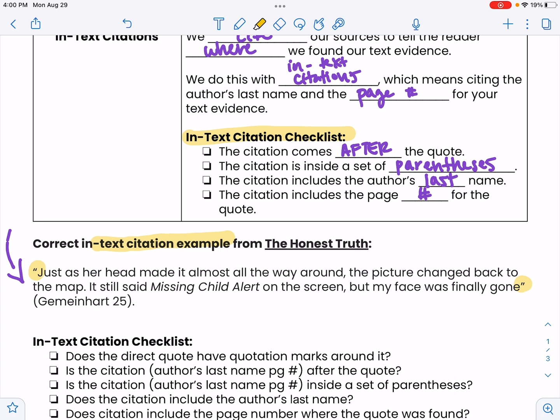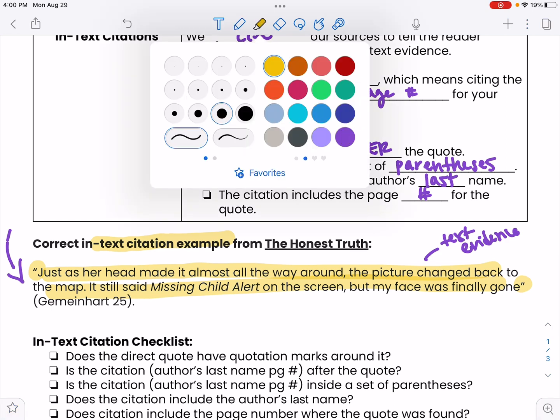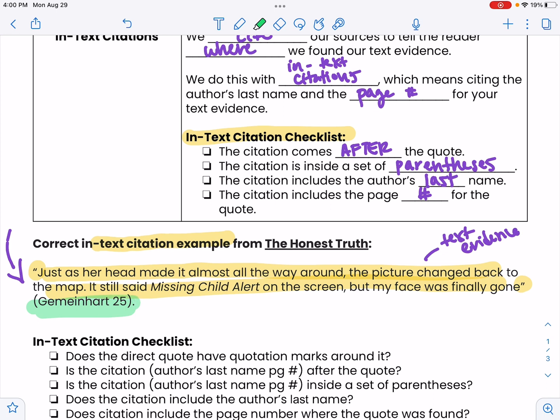This is the exact words from the book. So this part is our text evidence in direct quotes. And then this part, I'm going to change the color, green. This part is our in-text citation.